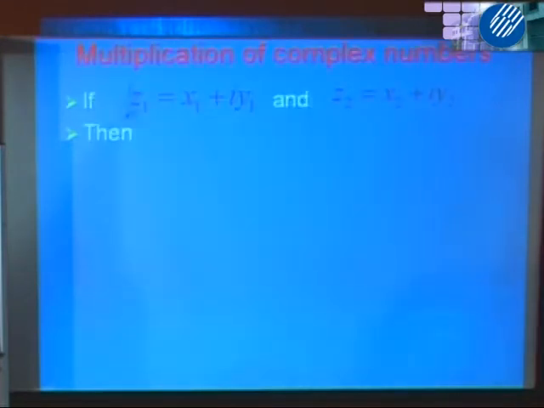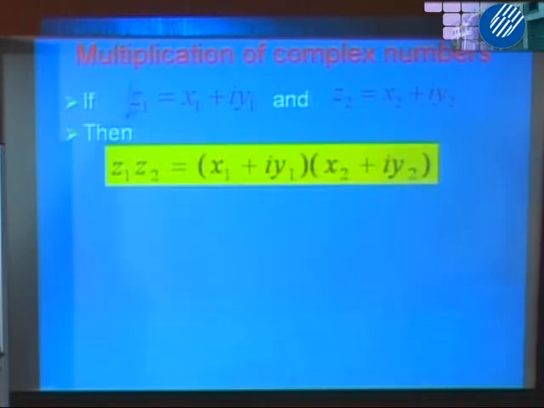If z1 equals x1 plus iy1 and z2 equals x2 plus iy2 is again taken, then let us see how the multiplication of complex numbers takes place. Now if z1 and z2 are given, all we got to do is, like how we multiply any algebraic form, we multiply these values also.